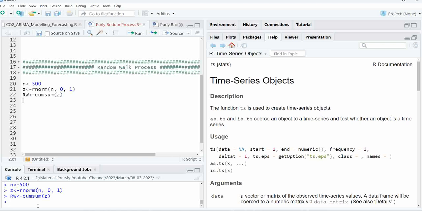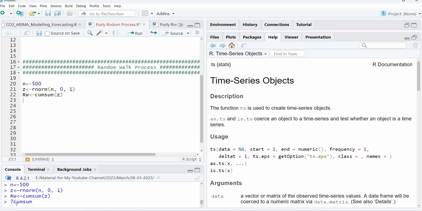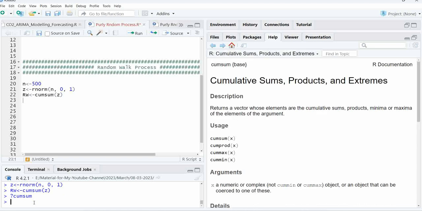You can just write a question mark followed by the function name and press enter, and you will see it is cumulative sum, product and extremes. So we are just using this command, cumulative sum. Remember, we are cumulatively summing this.